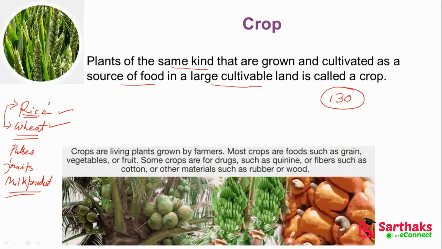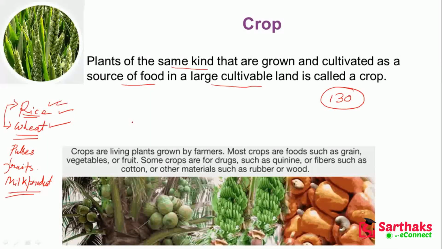Suppose we require a very heavy amount of rice. Now you are not thinking about your home. Your home may require rice for a month of only 1 quintal, or only 50 kgs.